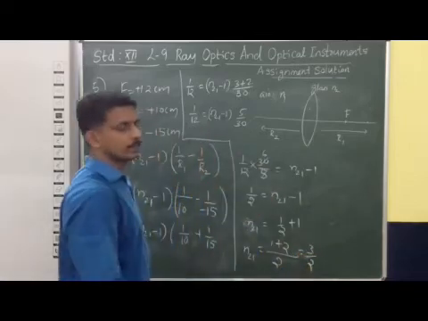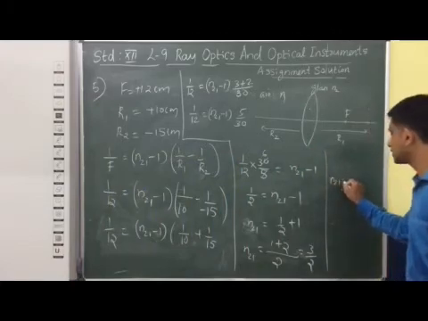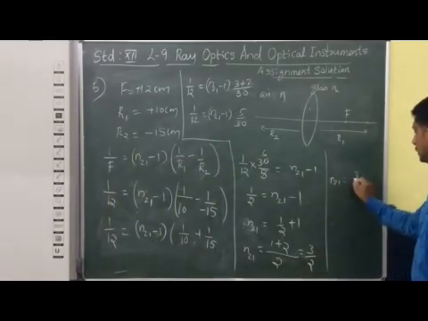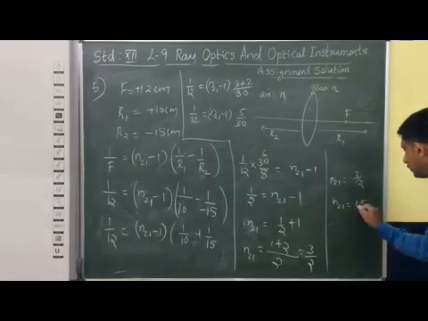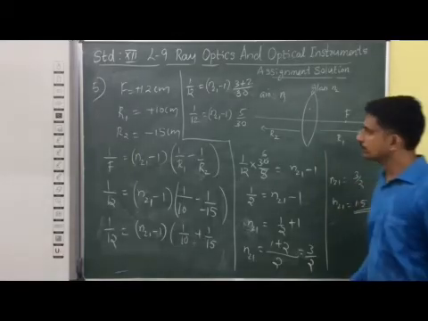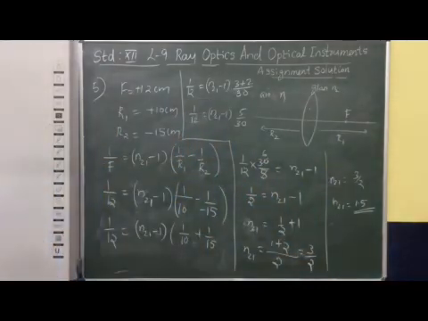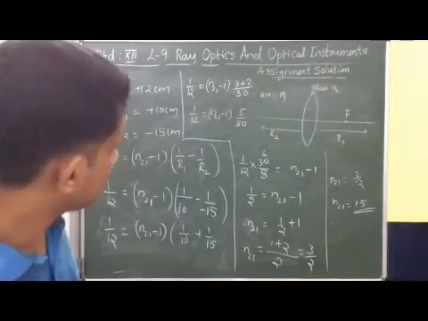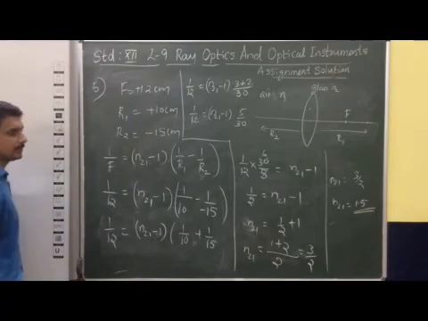So we are getting the answer N21 is equal to 3 by 2, that means 1.5. So we are getting the refractive index of the glass as 1.5. So this way we can simplify our question number 5.